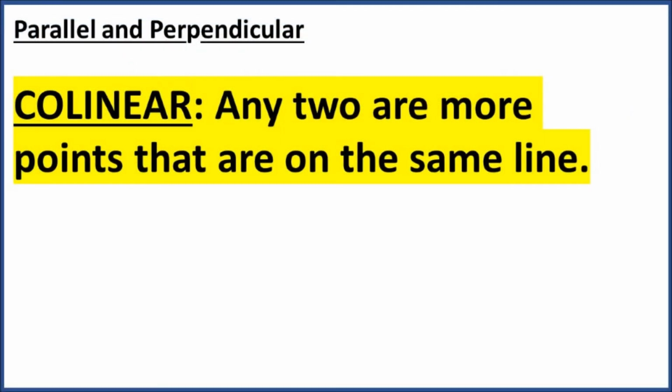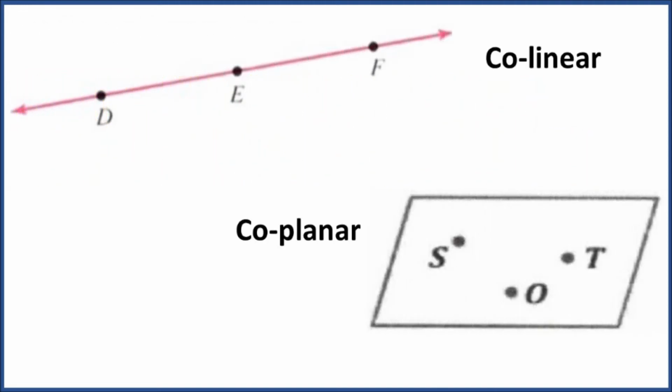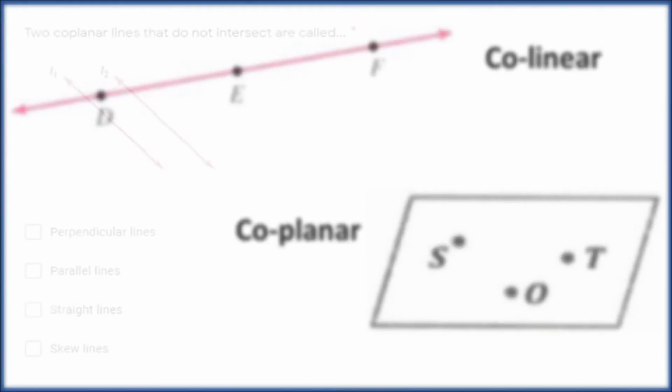Any two or more points that lie on the same line. Now, please understand that colinear and coplanar are different. Colinear, again, any two or more points that are on the same line. Coplanar are any two points that are on the same plane. Next question.